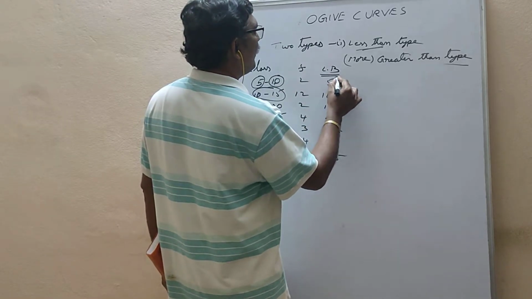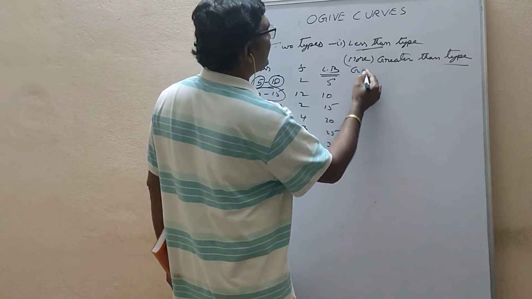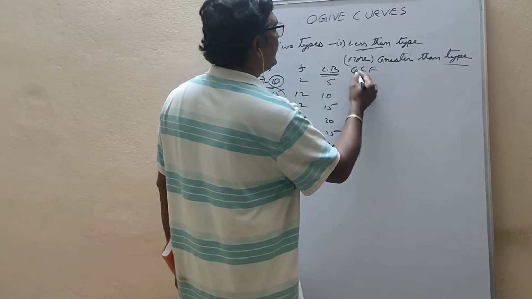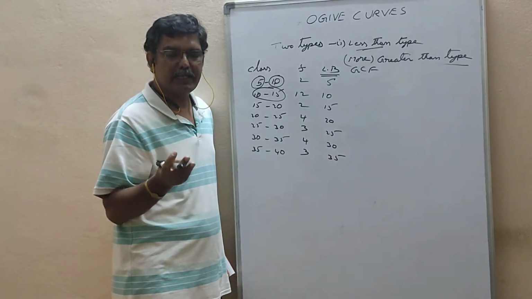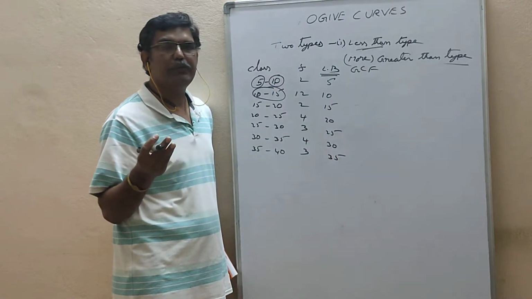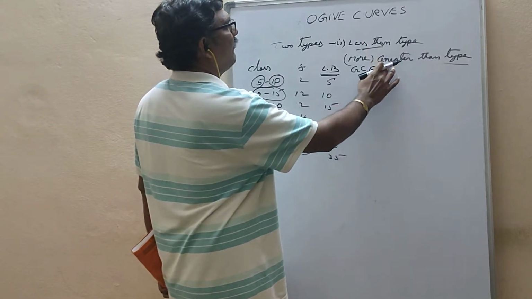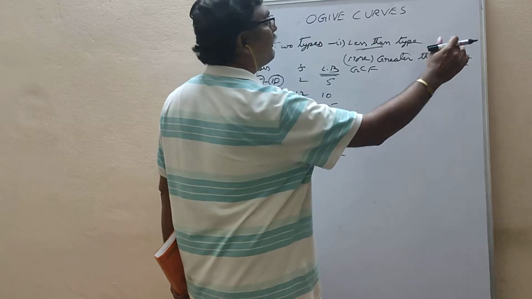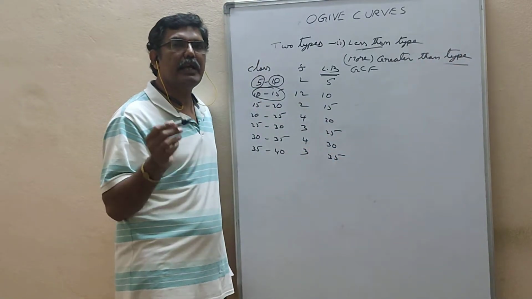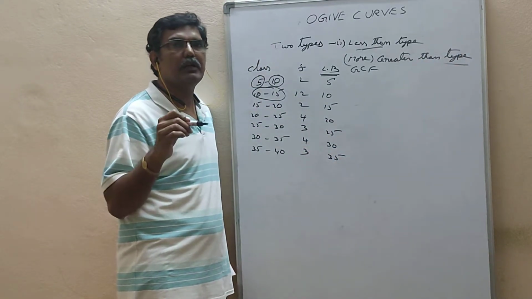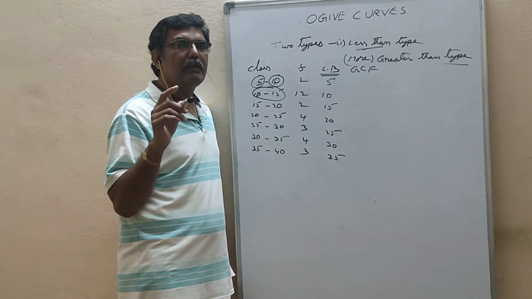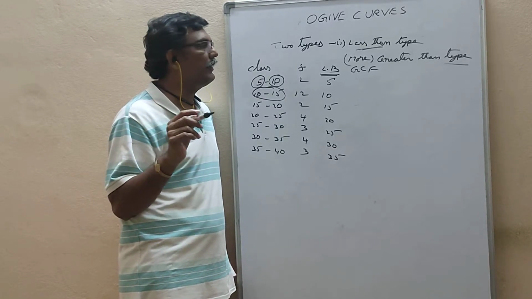Whenever the lower boundary is there, next you have to write GCF. GCF full form is greater than cumulative frequency. I said there are two types, not? One is the greater than cumulative frequency curve, which is one curve in the ogive curves.